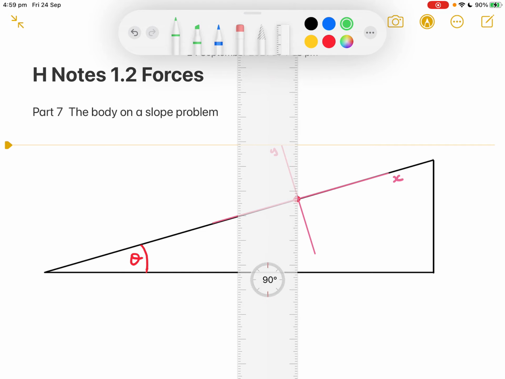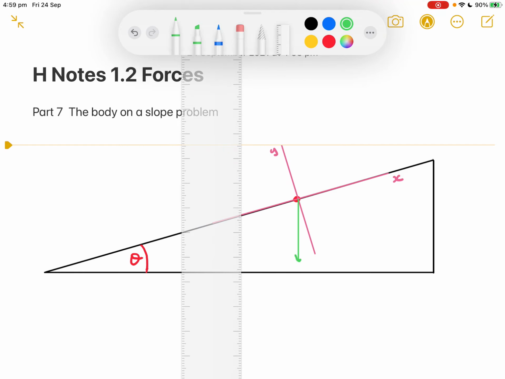Right, let's get the forces on this body. The body will have mass m. Well, obviously weight acts, you can't escape that. And that makes a right angle with the horizontal. Notice that there is also a right angle between that y-axis and the x-axis, as one would expect.